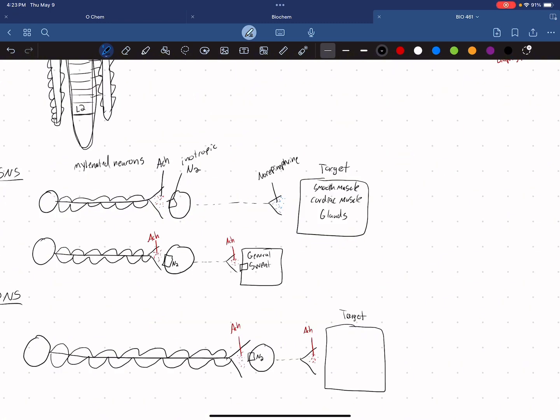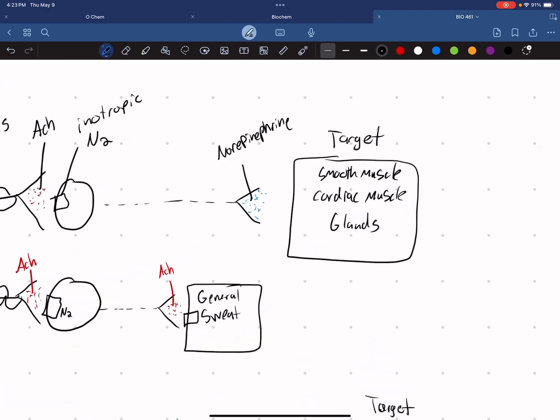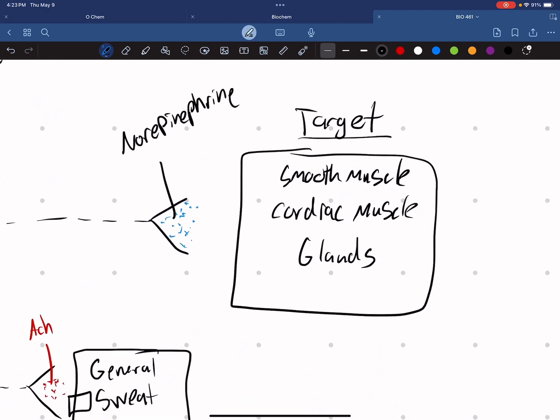Okay, so now I'm going to go into the different receptors on these target organs for both the sympathetic and parasympathetic nervous system. So here, this target for the sympathetic nervous system, we have receptors that are alpha 1, alpha 2, beta 1, beta 2, and beta 3.